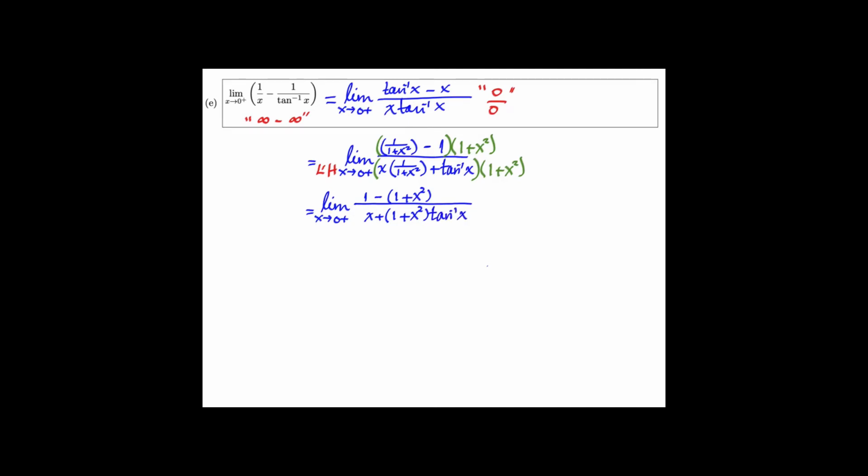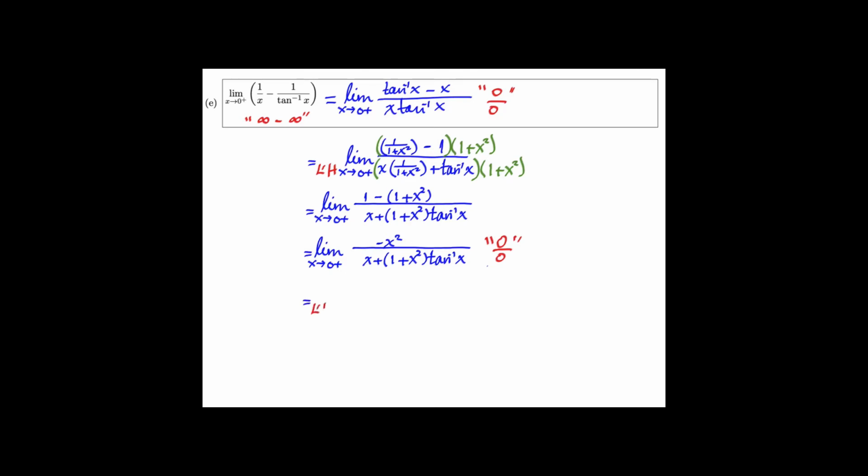And it looks like I can clean up the numerator a tiny bit, so let's call this the limit as x approaches 0 from the right of just negative x squared over x plus 1 plus x squared times arctan of x. All right, now if we want to try to plug in 0 again, it turns out we have another 0 over 0 indeterminate form. That's okay, we can use L'Hopital's rule on that.